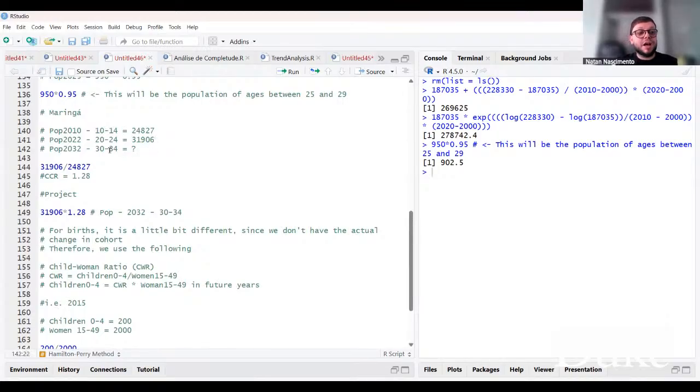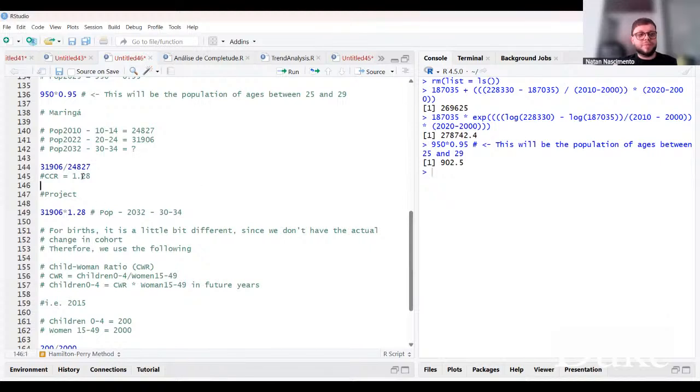And I want the same population 10 years apart. So I am following the same people in 20 years: 2010, 2022, 2032. How do we do that?